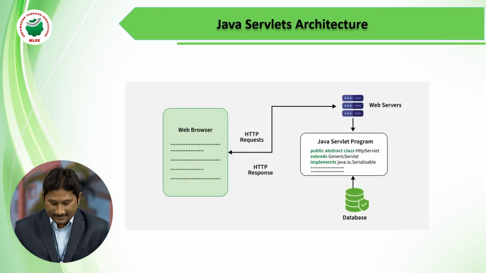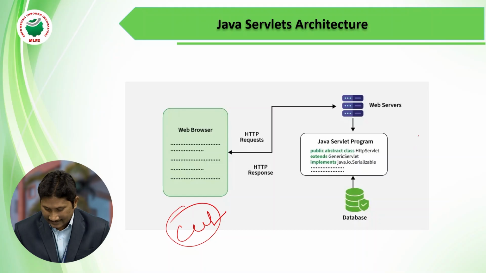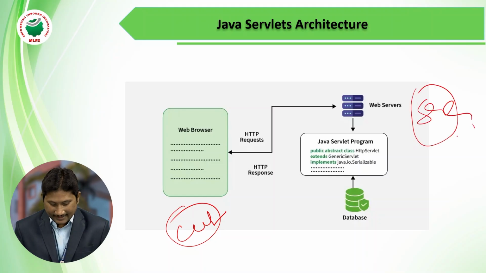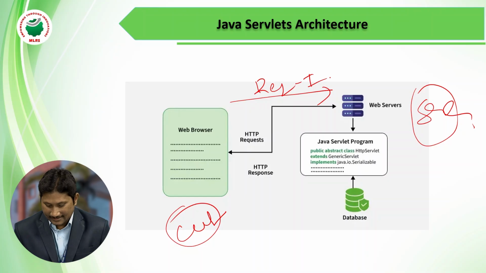This is the Java servlet architecture. This is the client side and this is the server side. Here the client sends the request to the server. The web server accepts this request and the request is sent to the Java servlets.